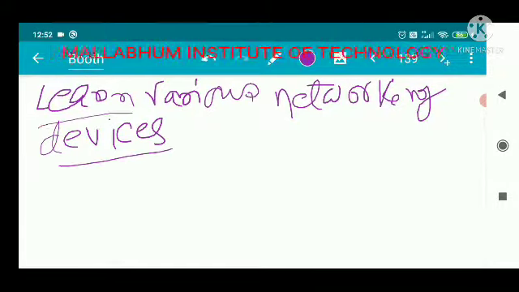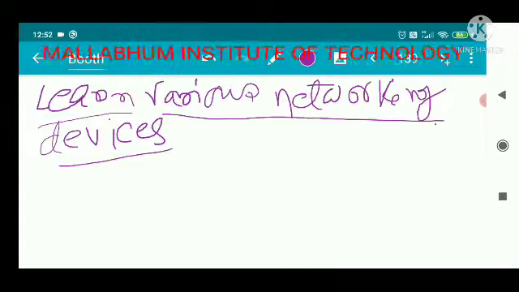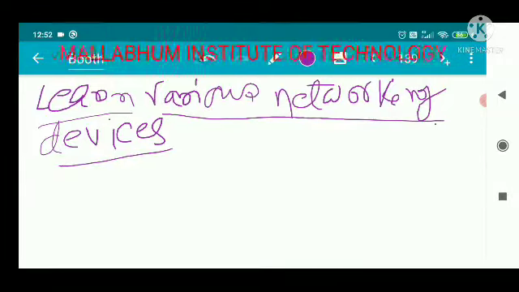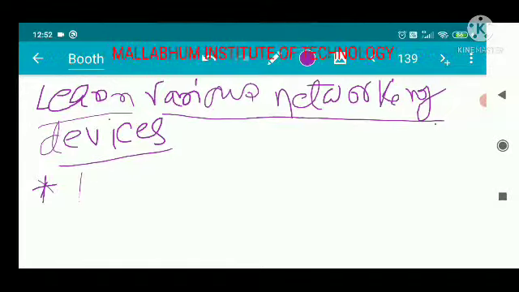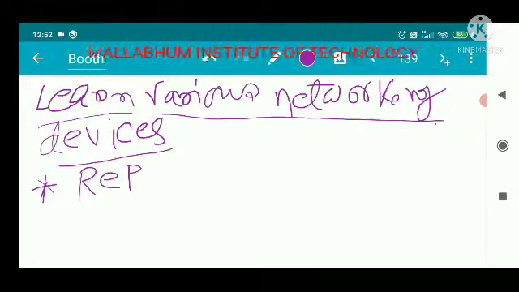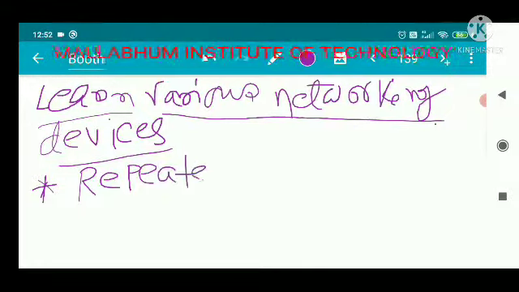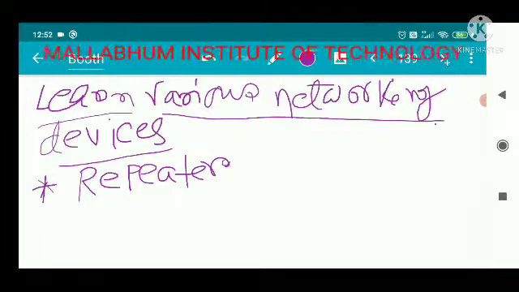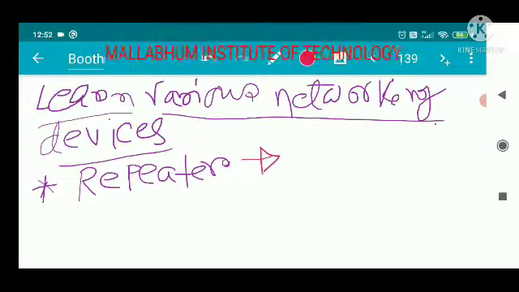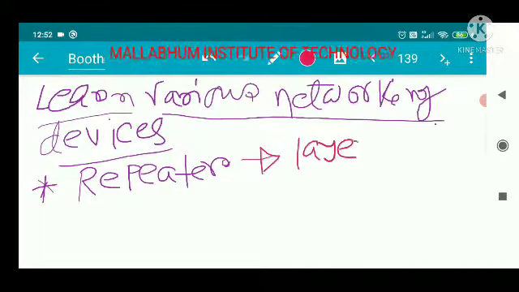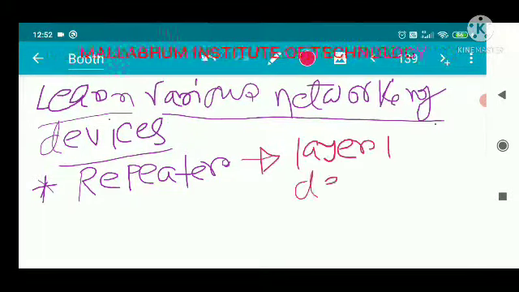Now, coming to the first networking device that we will discuss briefly, it is your repeater. All of you have heard the name repeater. The repeater is a layer 1 device.